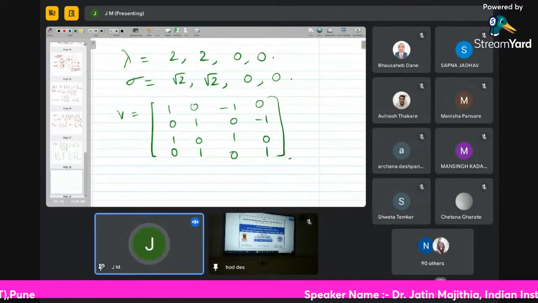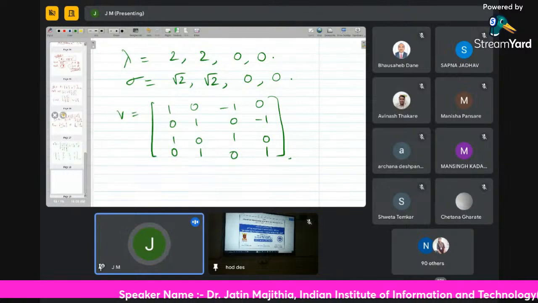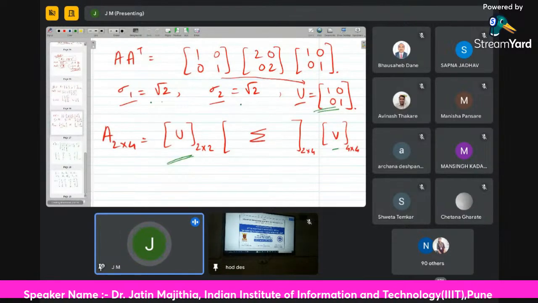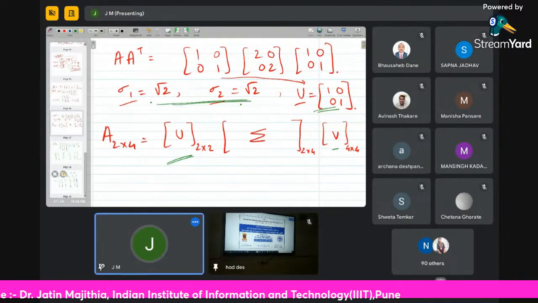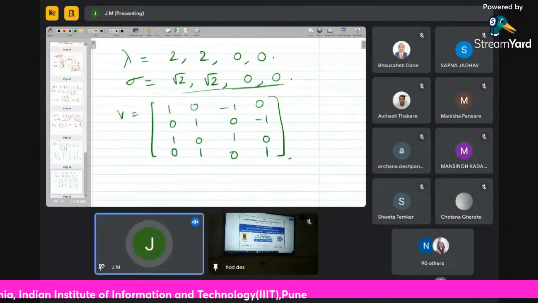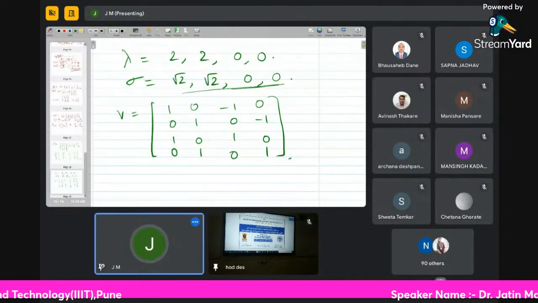Great. So we got our sigmas. Now see, if you observe, for A transpose I got only √2, whereas here I got extra eigenvalues, similar values 0 0. We will see how to represent, not to worry.